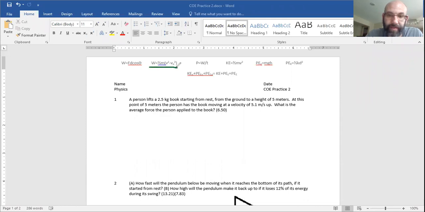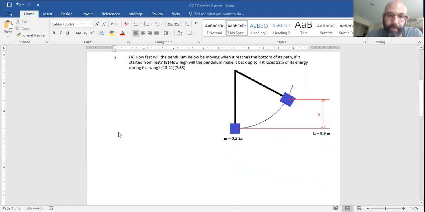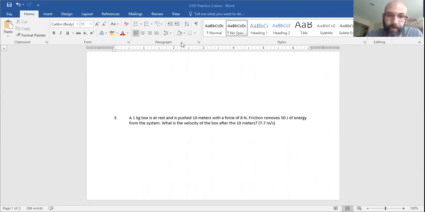We need to use this one at the end, because if we know work, which we're going to get, and we know mass already, and we know the initial velocity was 0, once we know work, we can find v squared. Well, to find work, we can use this guy over here. So we have a box, and we're pushing it one way. And we got the force of friction.